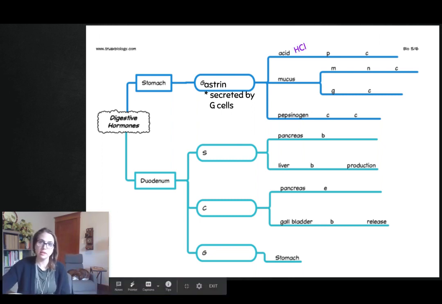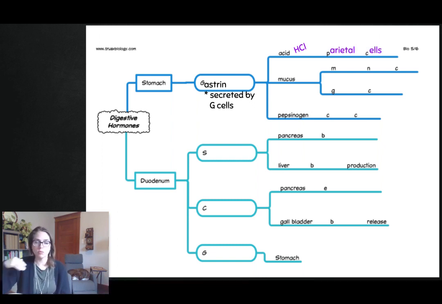So the acid, hydrochloric acid, that's secreted by our parietal cells. This is review for you. Okay, our mucus is secreted by the MNC, the mucus neck cells. And the other one on here is goblet cells. We've mentioned those before, but they're just mucus secreting cells.